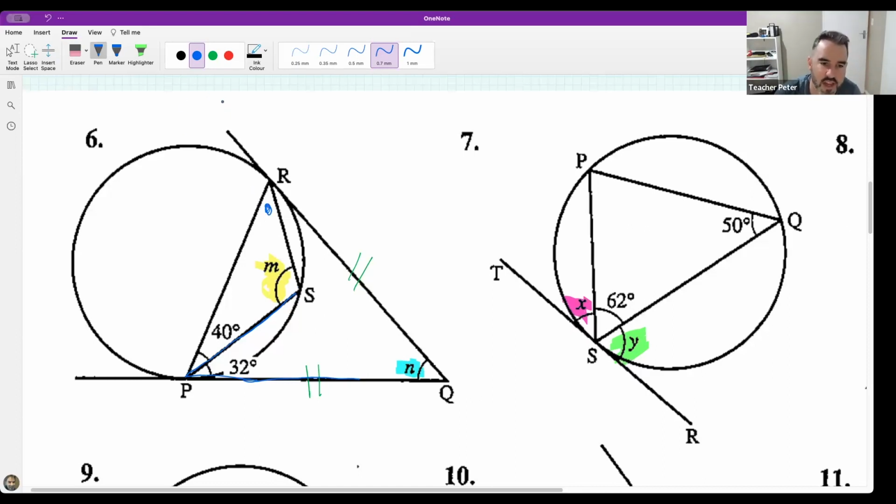So we would say PRS is 32, tan chord. Now, if that's 32, what is my m going to be? Because remember, m is sitting down here. So what is m going to be?